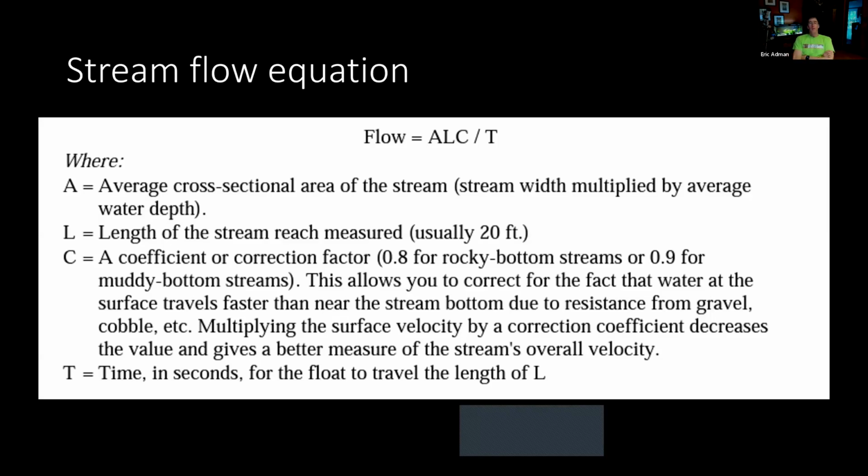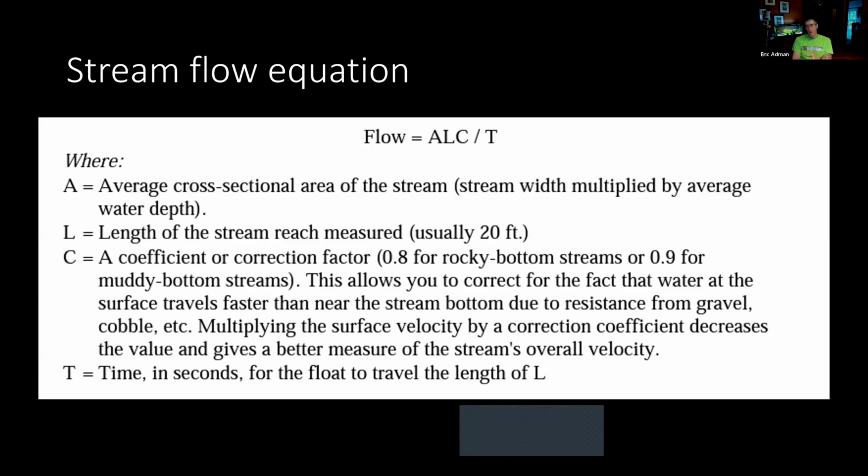So in the method that we're doing, and in just any of these methods, there's an equation that defines how you quantify stream flow. So you figure out the average cross-sectional area of the stream, and then the length of the stream, and you multiply those by a coefficient that depends on the nature of the stream.